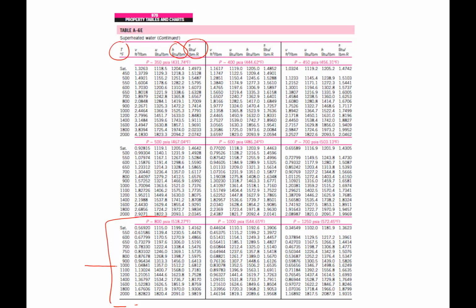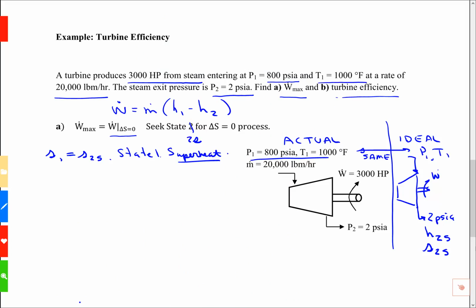At the appropriate temperature of 1,000 Fahrenheit, the enthalpy is 1512.2, and the entropy is 1.6812. Let me transfer those to the other document here. So H1 is 1512.2, and that's in BTUs per pound mass.